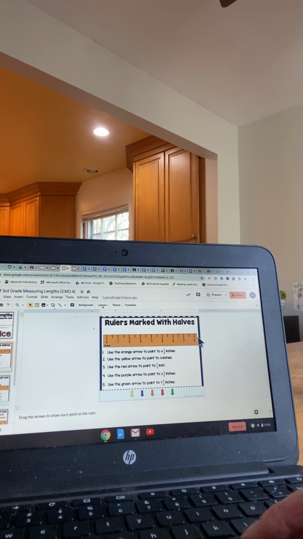So if it says take the orange arrow, you can click on this little arrow right here, and then you can move it right up here to 6 1/2, and it points right at that arrow.